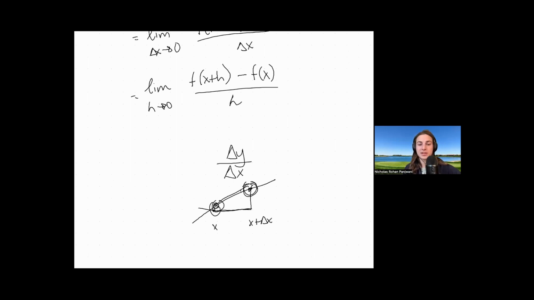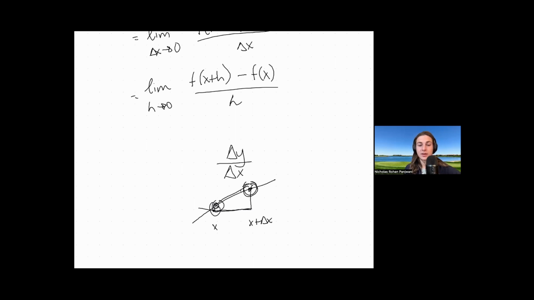But the proposition is that as this delta x approaches 0, the fraction that we get approaches the instantaneous slope of the curve. And again, that can also be represented as the slope of the tangent line to the curve, if that makes sense.